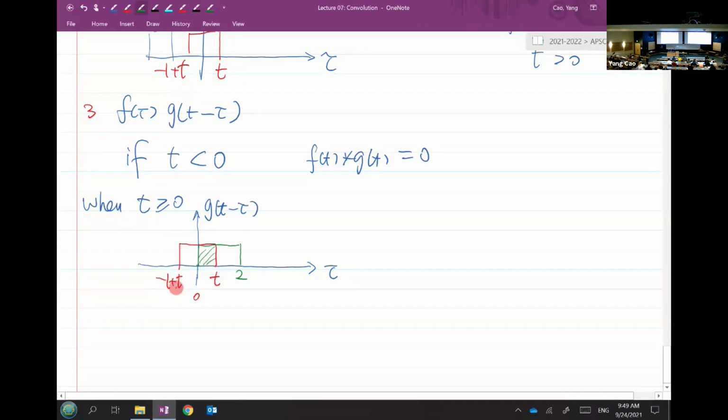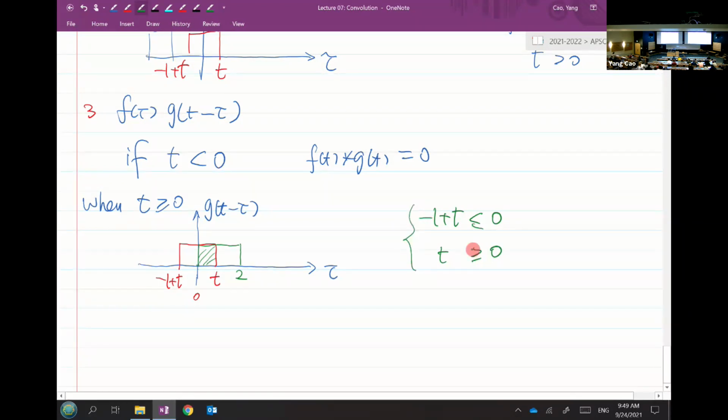So -1 plus t is on the left side of the axis, and t is on the right side of the axis. So if I impose a condition, -1 plus t is less than 0, and then t is greater than 0. Actually, you could put an equal sign, it's fine.